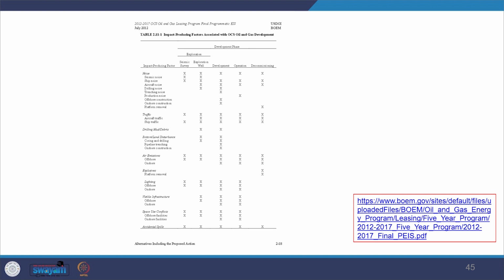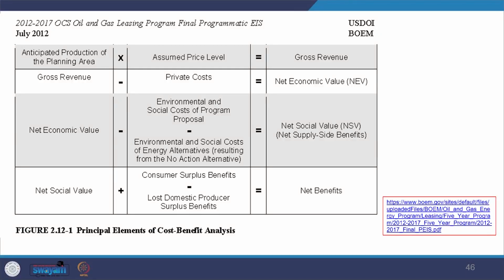So you have now already studied all those domains. Now they are culminating that here, and then they are also doing it at the SCE level. And then you can see different development phases here during exploration, development, operation, and decommissioning. So for all that, they have prepared this matrix, which you can see here.